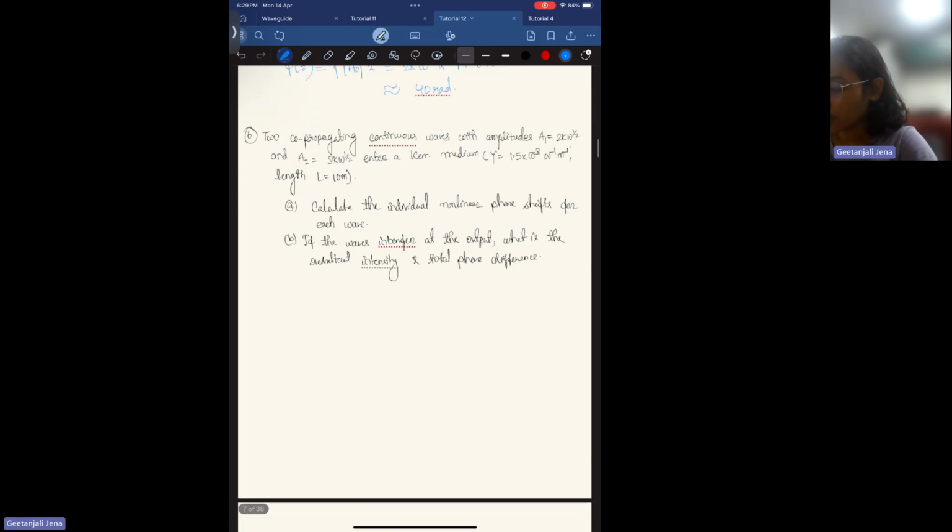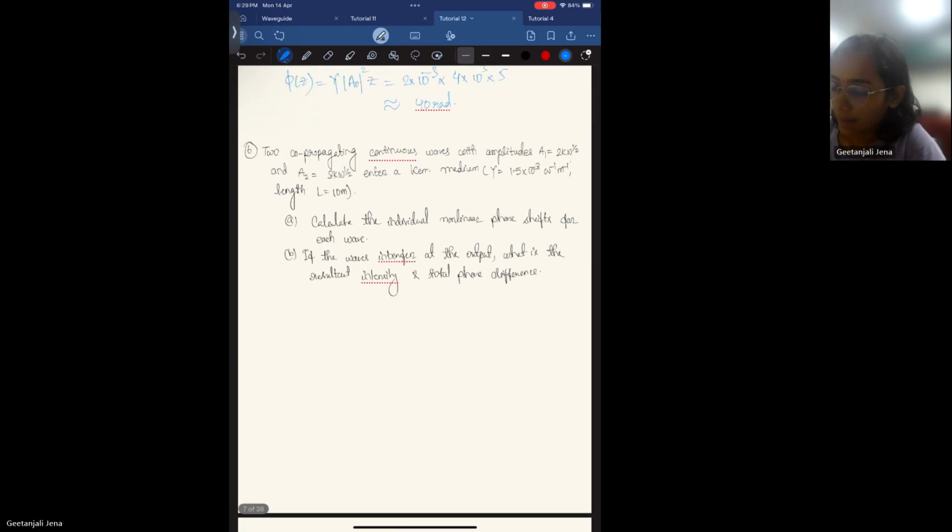Okay, so let us move to our next problem. The next problem says there are two co-propagating continuous waves with amplitudes A1 equal to 2 and A2 equal to 3 entering a Kerr medium with gamma of 1.5 × 10^-3 and length given as 10 meter.